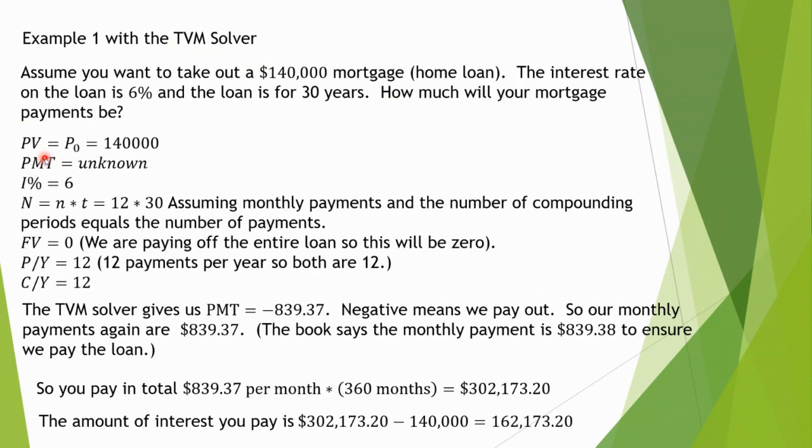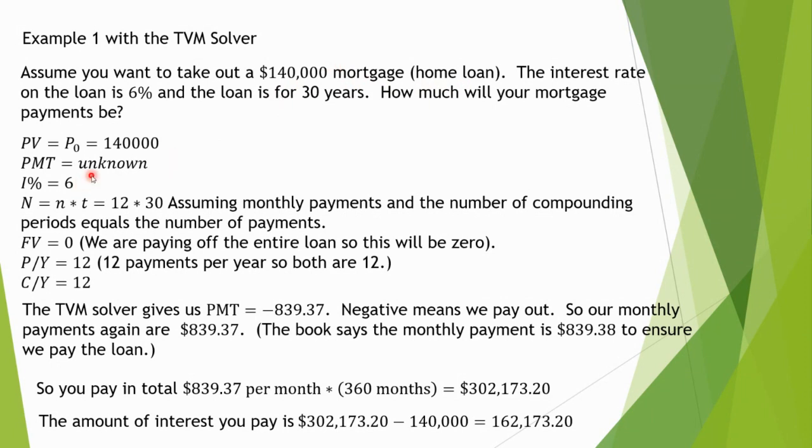PV is the same as present value, which is P0, the starting amount, which in this case is $140,000. That's the loan. Remember, the values can be positive or negative. For us, this is positive because we're getting that money to buy a home.